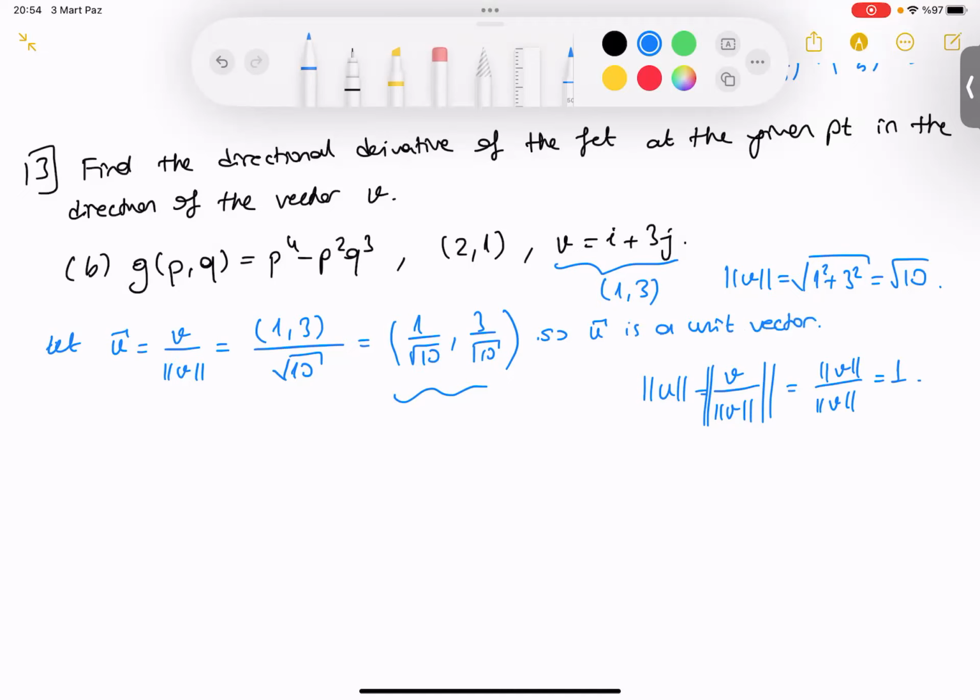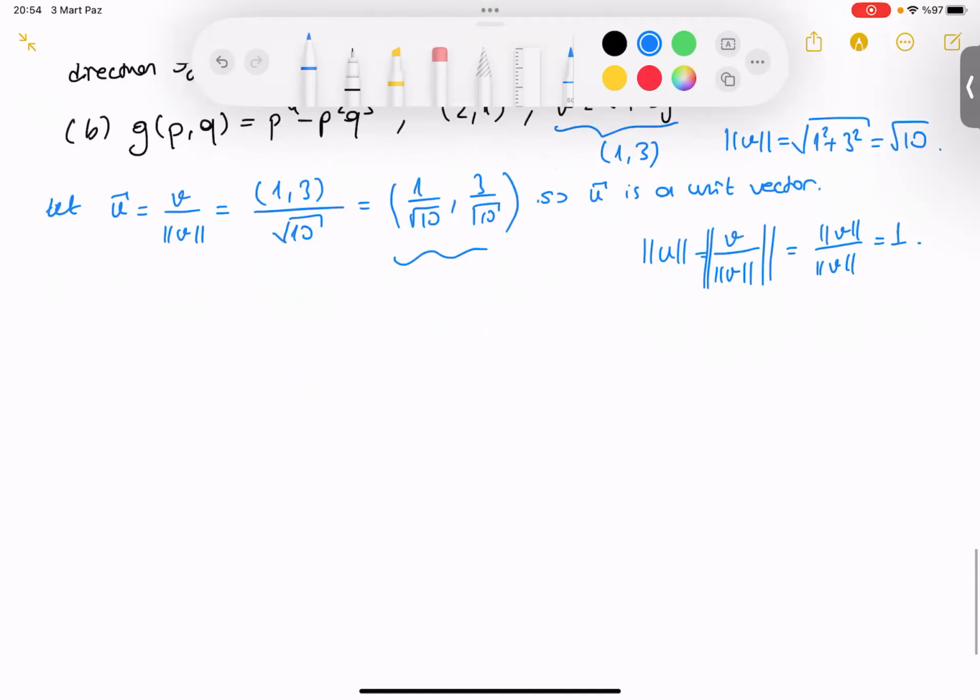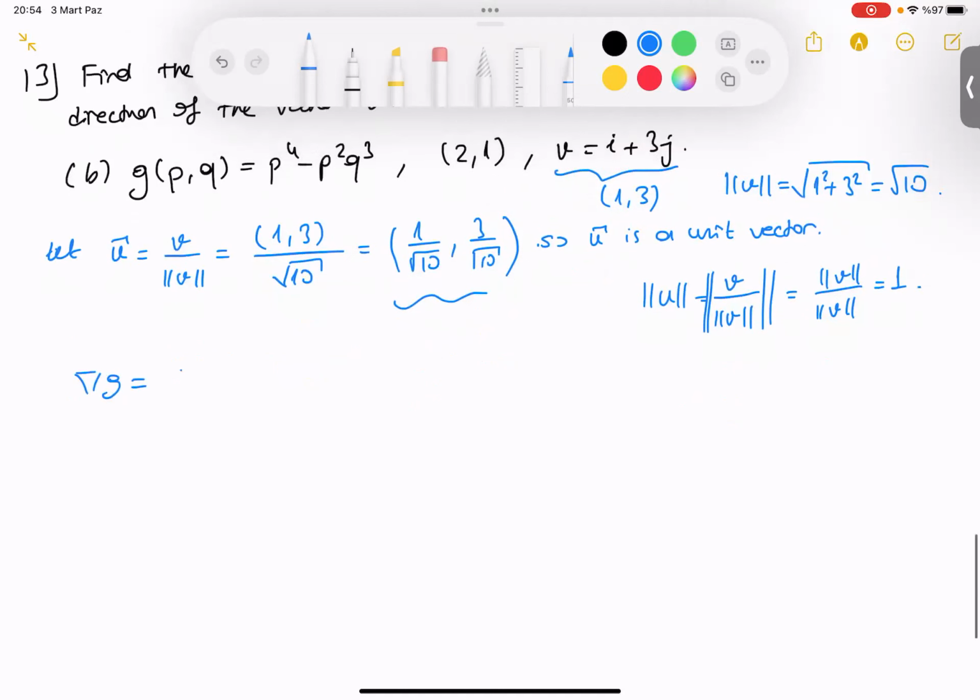All right. Now, what do we do? We will find the gradient of g. Now, g sub p, g sub q, we need to find. Okay.